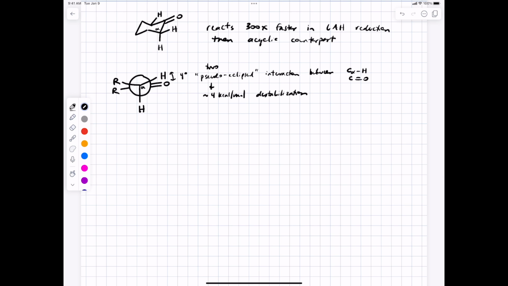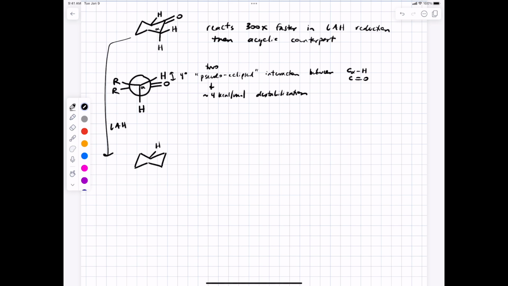Okay. Now, what does this molecule look like when reduced? Well, if you do the lithium aluminum hydride reduction followed by aqueous workup, but let's not worry about the aqueous workup, let's just do the reduction.